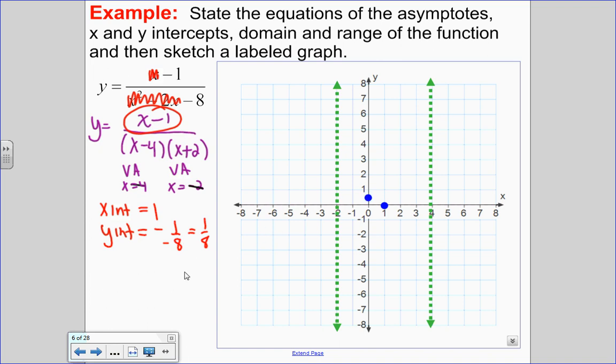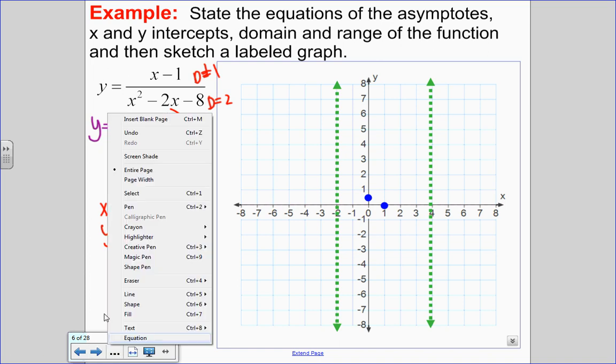Okay, let's look at horizontal asymptotes. So if I look at those rules that we went through, the degree of the numerator is 1. The degree of the denominator is 2. So since the degree of the numerator is less than the degree of the denominator, I am going to have a horizontal asymptote at y equals 0.